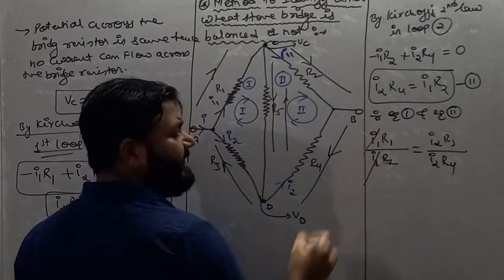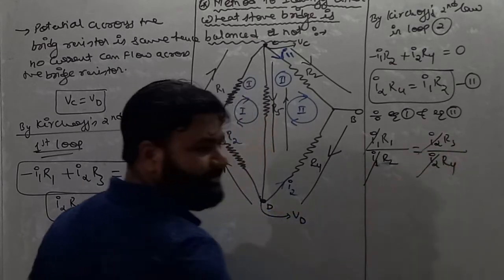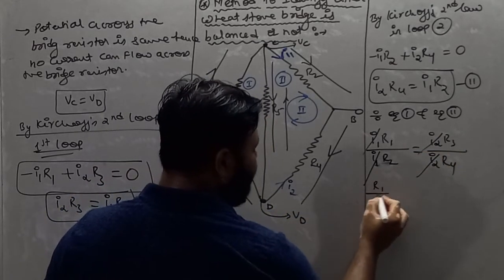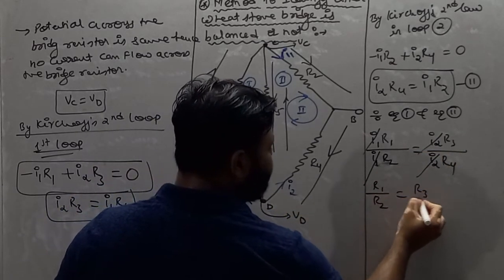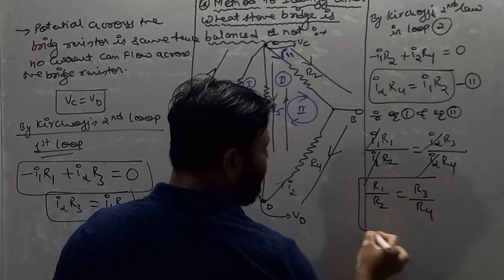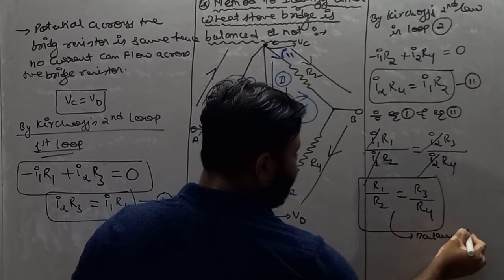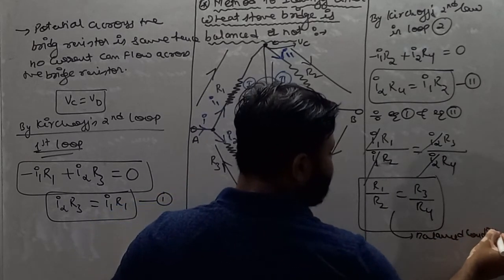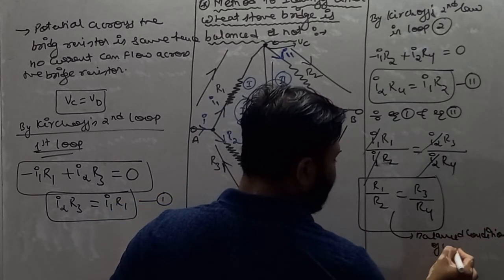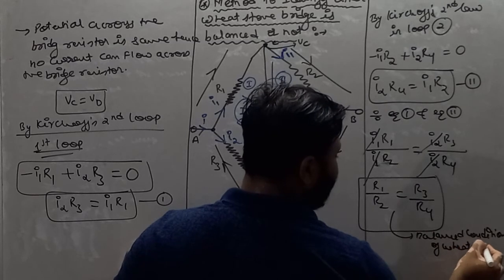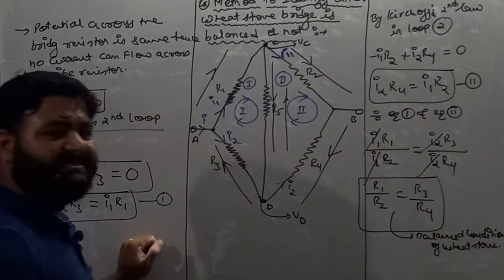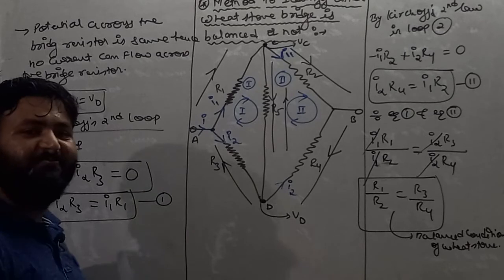Now see, I1 gets cancelled, I2 gets cancelled. So R1 by R2 is equal to R3 by R4. This is basically the balanced condition of the Wheatstone bridge.